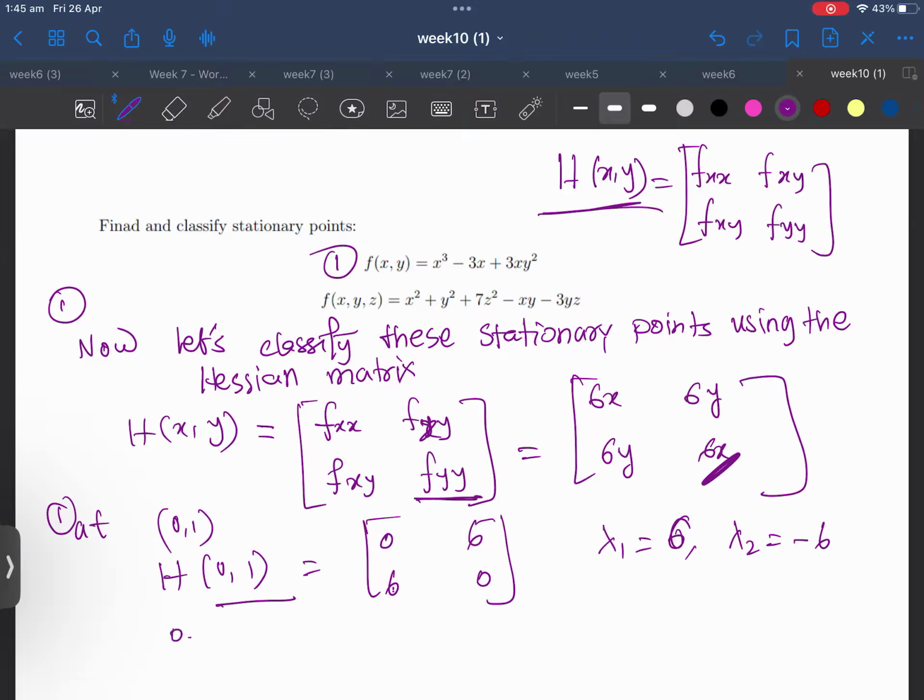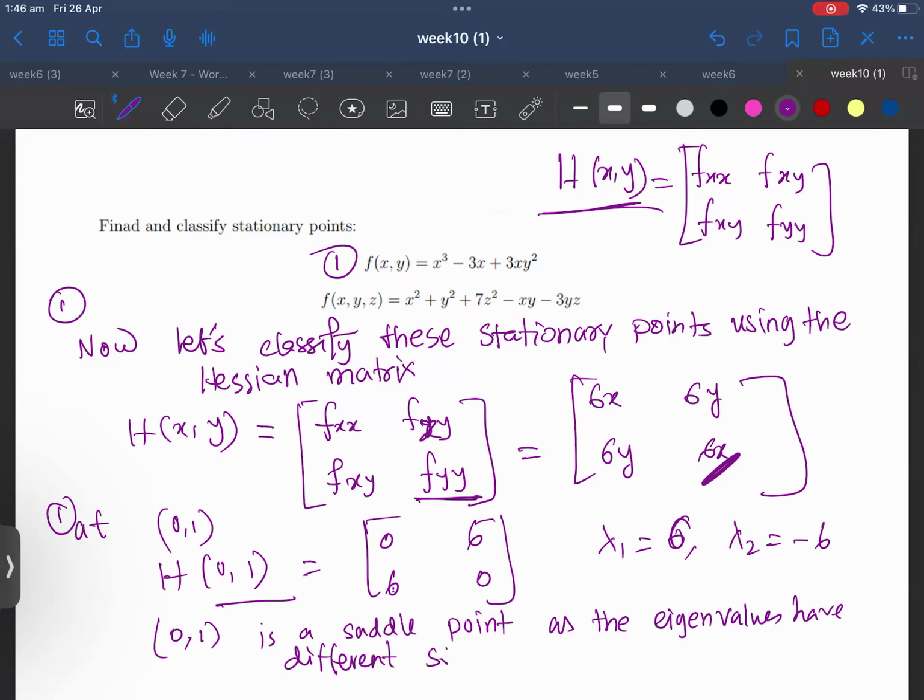So 0, 1 here is a saddle point, as the eigenvalues have different sign.